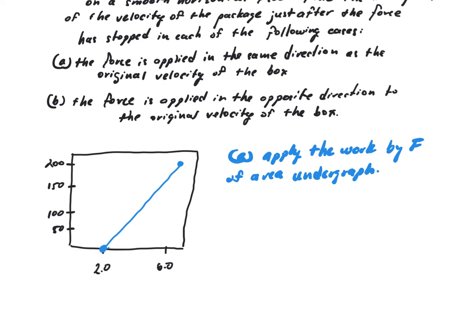So work equals 0.5 times 200 times (6.0 minus 2.0), which equals 400 joules.